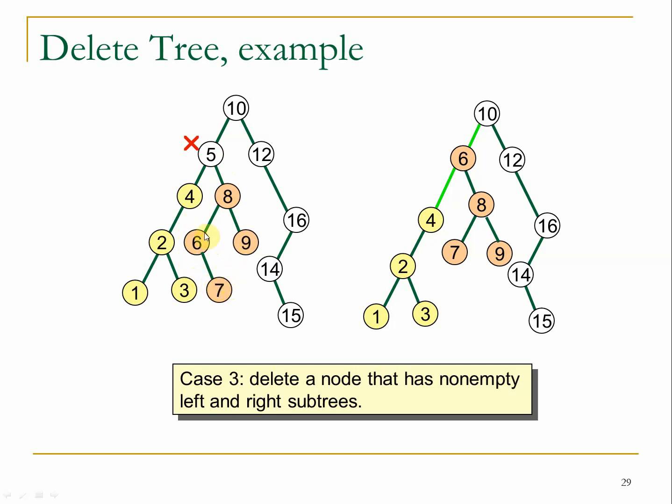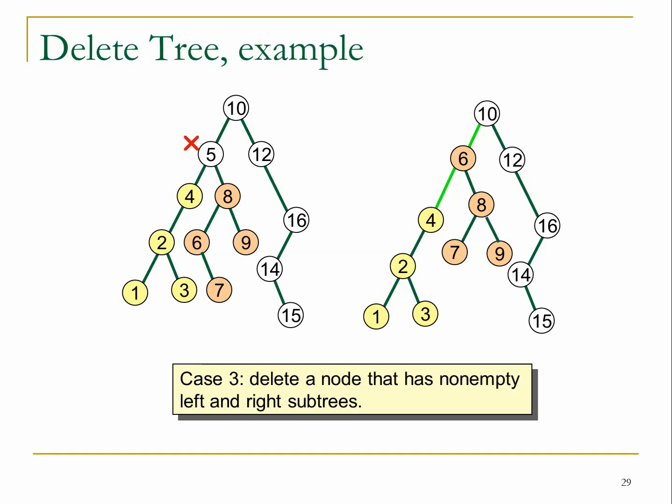Notice this. When we try to find a substitution, we will only end up with case 1 and case 2 deletion, because it cannot be case 3. If it is case 3, that means it has both left and right child, then it cannot be the minimum or maximum.